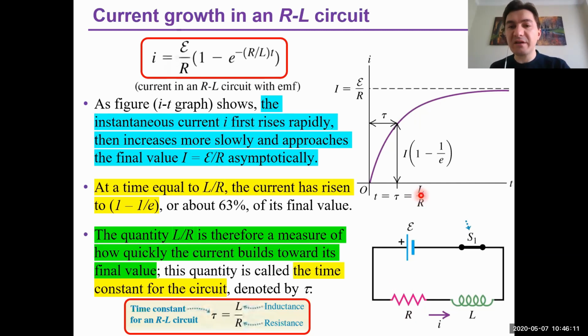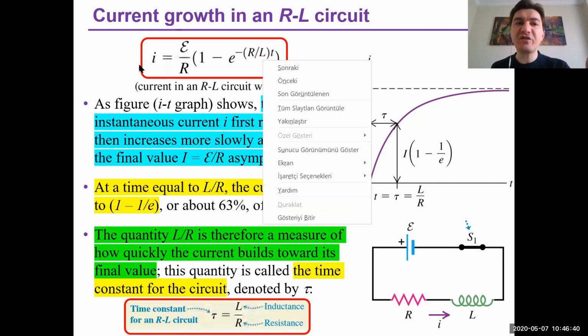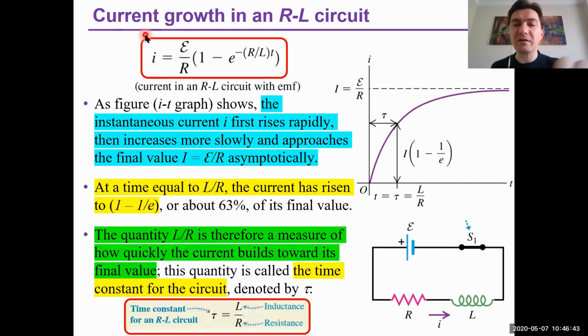If the inductance is smaller, then you will have a smaller time constant. It means that in a short time, you can reach high currents if we have small inductance here. Look at this equation also. If you have small inductance here, then you can reach high final currents in a very short time. So this is the meaning of that time constant for an RL circuit.